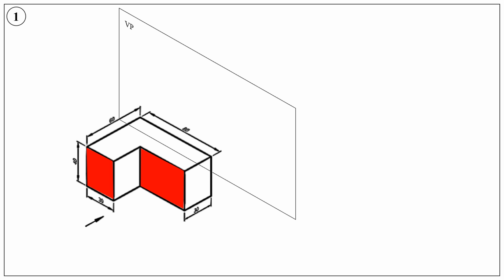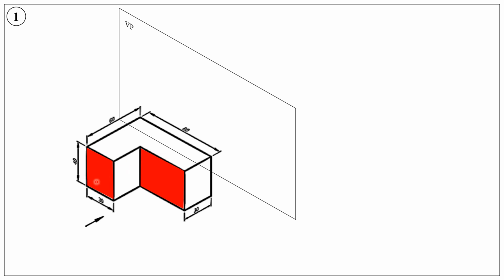All the other planes, this one and this one, are all perpendicular to the planes of projections. Therefore, our front view will be a rectangle.